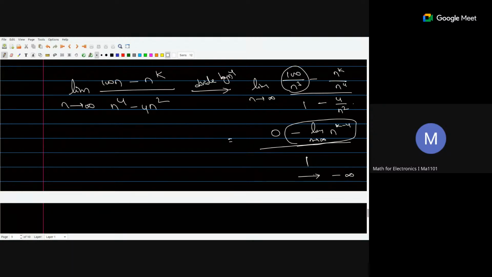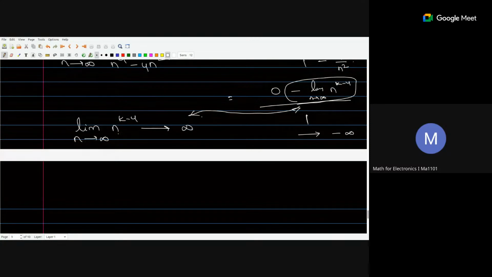If I remove the minus signs, what I basically want is that n power k minus 4 tends to infinity, then minus of this will tend to minus infinity. Since n power something is there and n tends to infinity, I want this to be infinite.